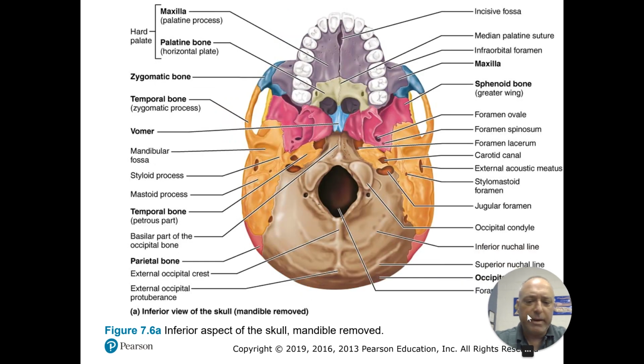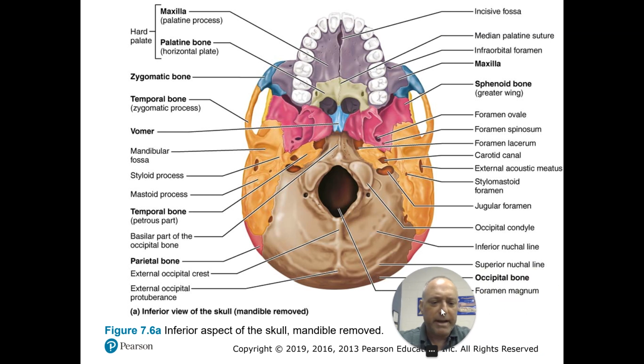Okay, inferior aspect. We can see the maxilla with its suture here. Posterior to the maxilla is the palatine bone. The maxilla and the palatine make up the hard palate. We've got the sphenoid bone, which is going to be near the sinuses, with the vomer in the middle, attaching to the temporal, attaching to the palatine bone.